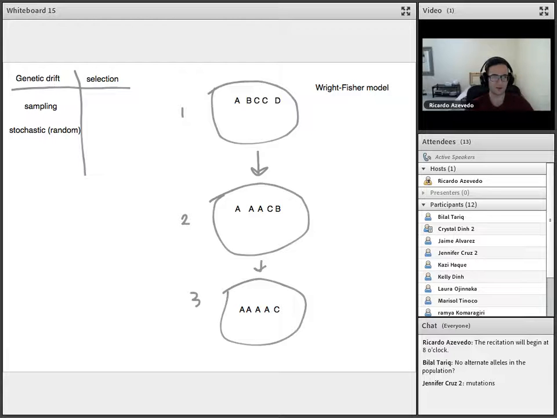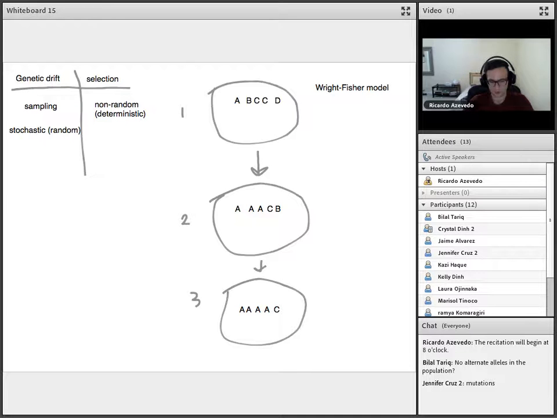So the main problem to be solved in population genetics, in every case, is to see how strong drift is versus how strong selection is, and how the interaction between the two results in the change in allele frequency.